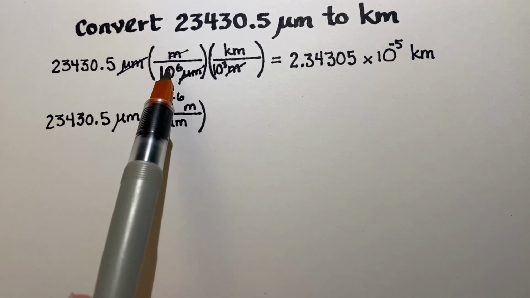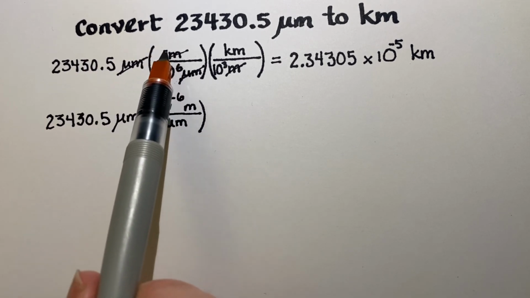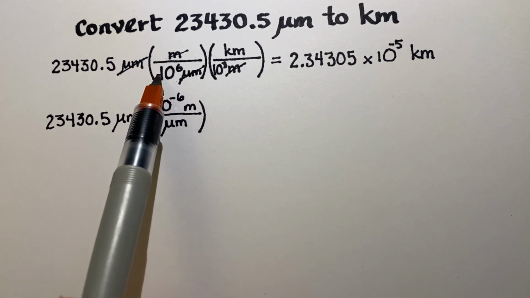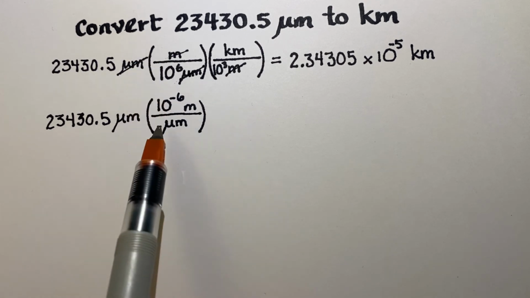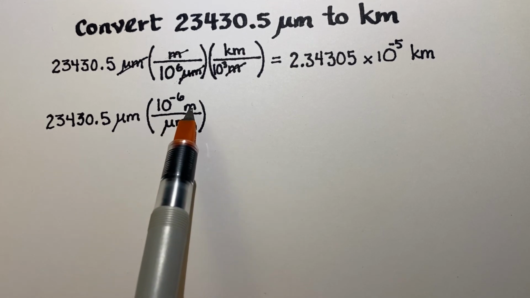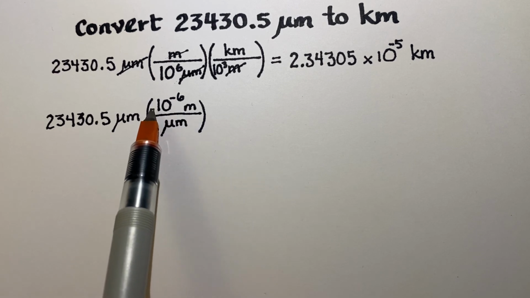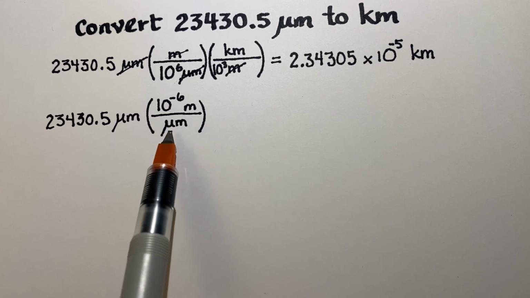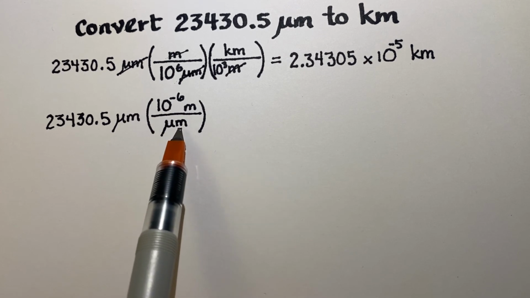So for me, intuitively, this makes a lot of sense. So I usually do it this way. But it also makes perfect intuitive sense to think that, oh, a meter is larger, and it's 10 to the minus 6th meter to make this small micrometer.